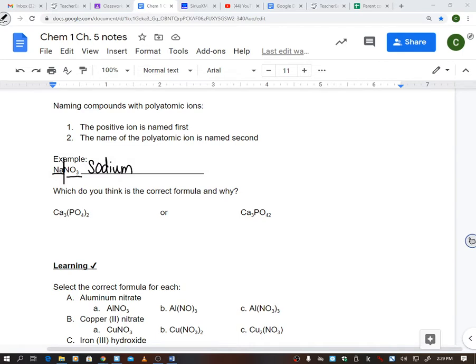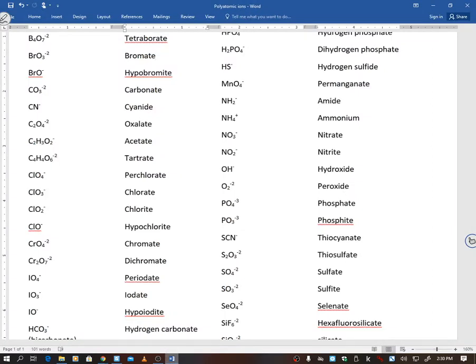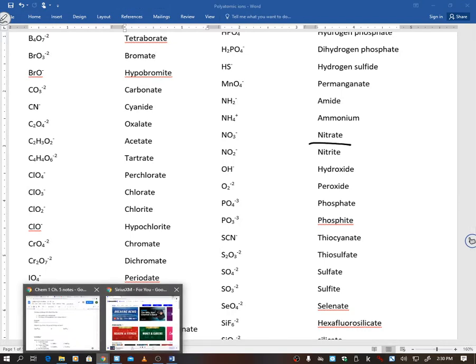Now I see this, and this is not what I'm used to seeing in section 2 or section 3. So right away I'm like, that must be one of these polyatomic ions that has many atoms in it. It has 1 nitrogen and 3 oxygens. So I'm going to go back to the sheet, and like I said, you'll just start to know this. Here is NO3, and it is nitrate. So I'm just going to name it like it looks.